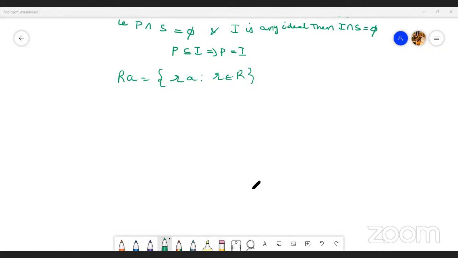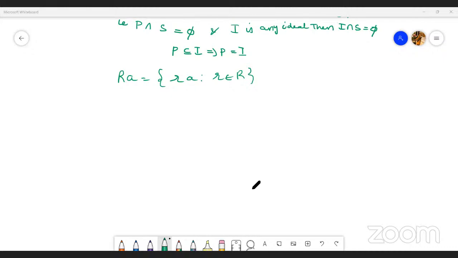P is maximal, and P is not contained in other ideals. So that is the reason I and J are not disjoint with S, because P is not disjoint with S. I and J also not disjoint with S.